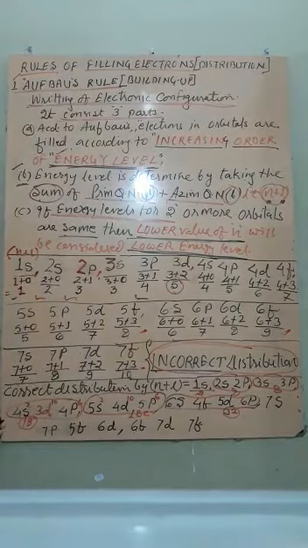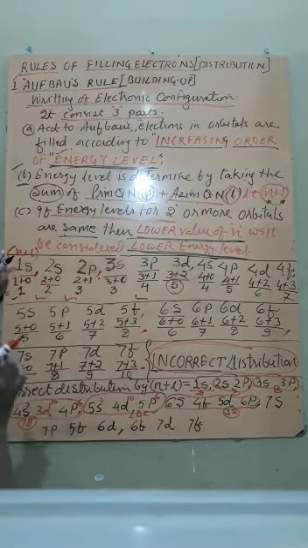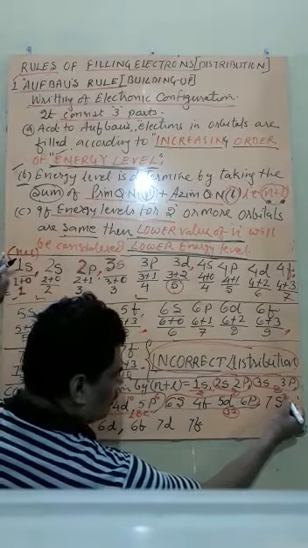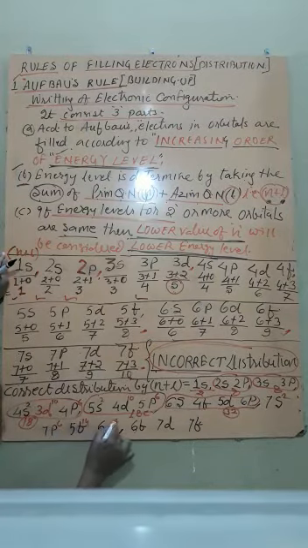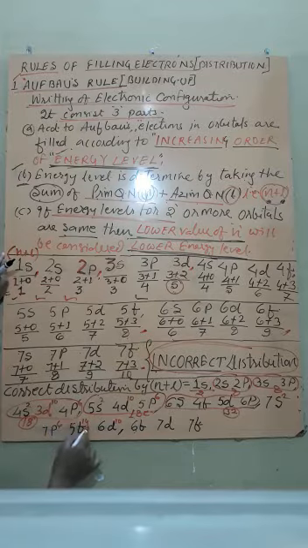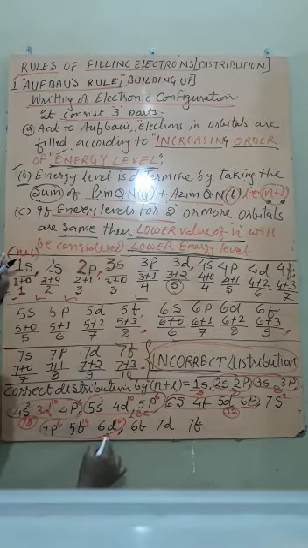And in the next orbit, that is the last orbit, this is 2 electrons, 6, 14 and 10. So 2 plus 6, 8, and 14, 22, and 10, 32.